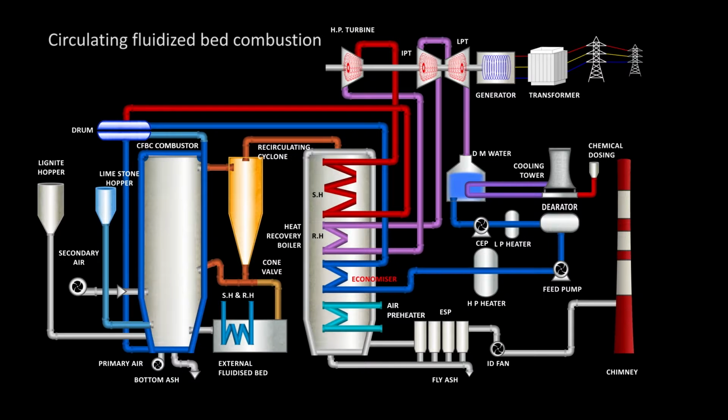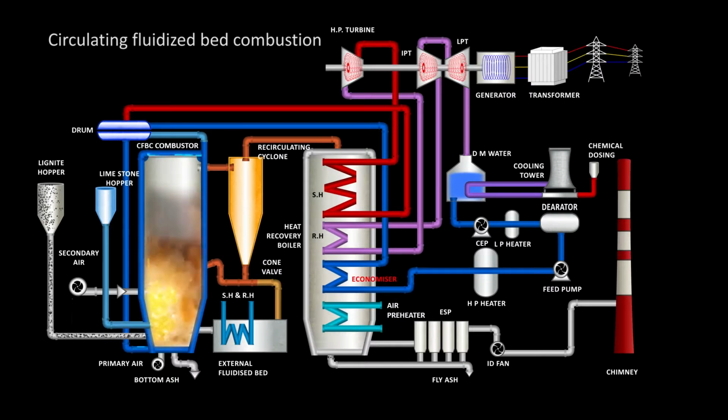Circulating fluidized bed combustion. The firing system of these boilers differs from the pulverized fuel firing boiler. The lignite, which is less than 10 mm size, is fed into the combustor directly.